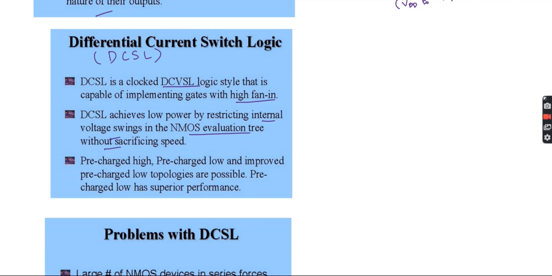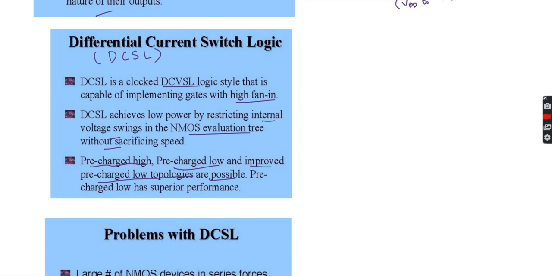As you know, we are going to work with the pre-charge and the evaluation phase. Pre-charge high, pre-charge low, and improved pre-charge low topologies are possible.